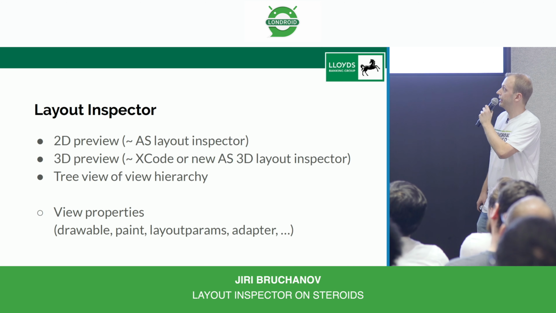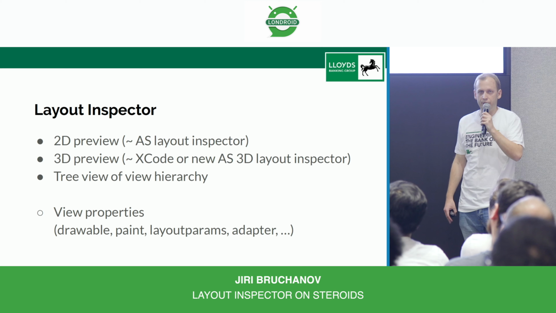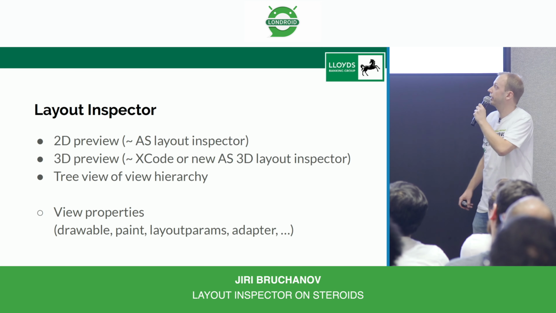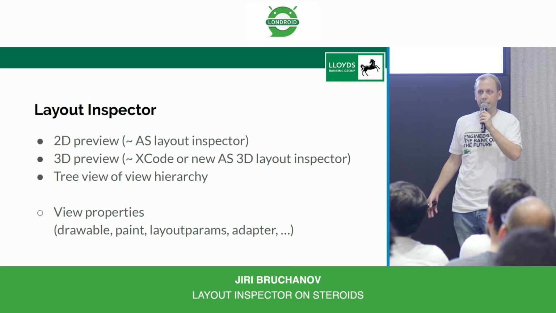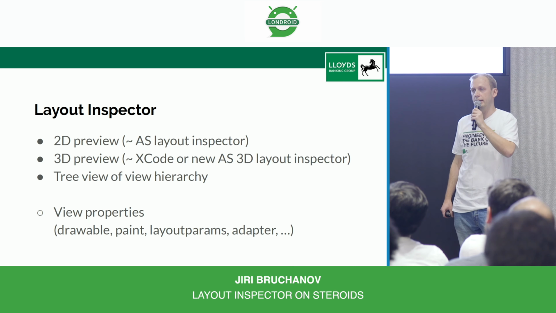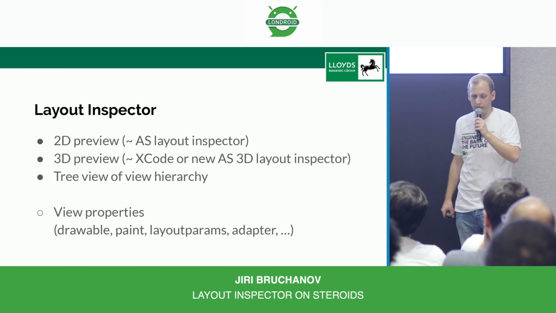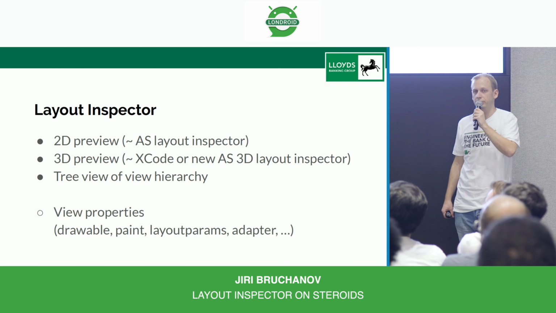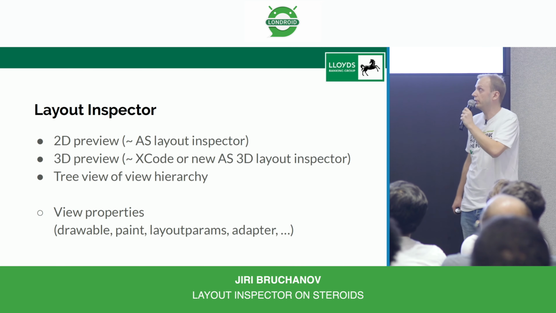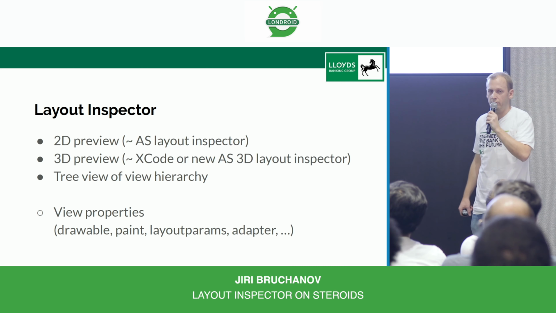First part is the layout inspecting. There are three main screens. The first one is the 2D preview, which is basically something similar to what we have now in the Android Studio. There is a 3D preview, which was basically inspired by the Xcode inspector I saw a few years ago, and it's something similar to what Google is now building in Android Studio 4.